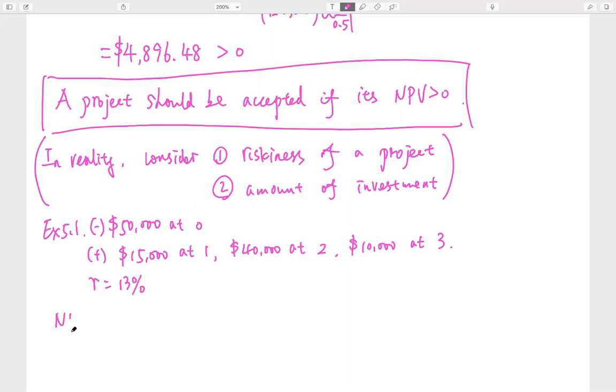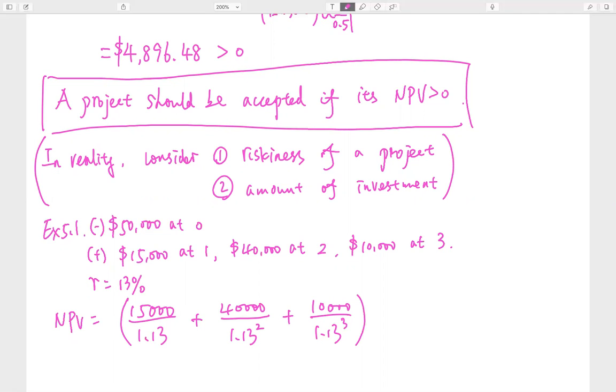So let's just do it. 15,000 divided by 1 plus r, 1.13, 14,000 divided by 1.13 squared, 10,000 divided by 1.13 cubed, right? Those are all the cash inflows, right? What you are supposed to receive minus what you need to pay.